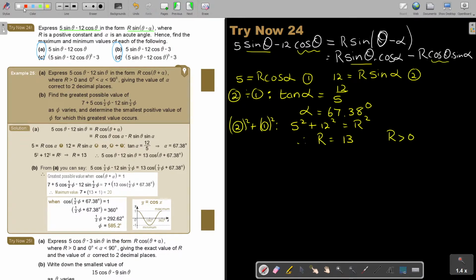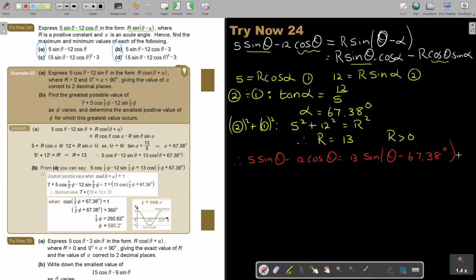Okay, so now I can end with my final statement. I can say, therefore, 5 sin theta minus 12 cos theta is equal to 13 sin theta minus 67.38 degrees. Okay, so that is now my final.